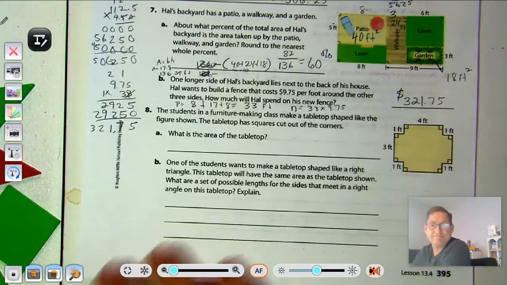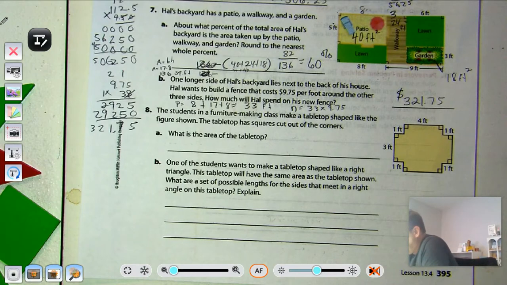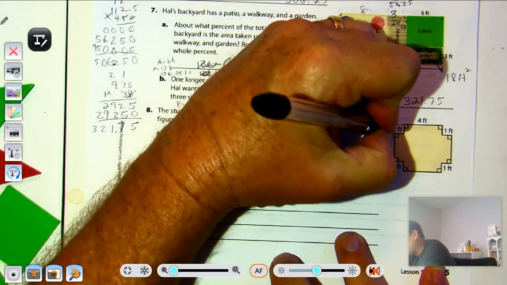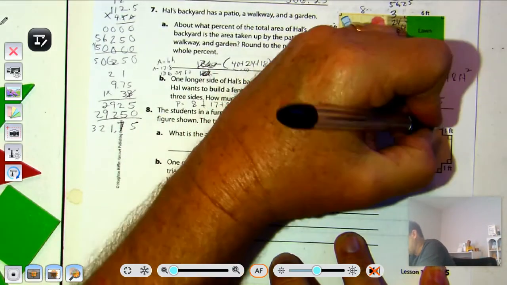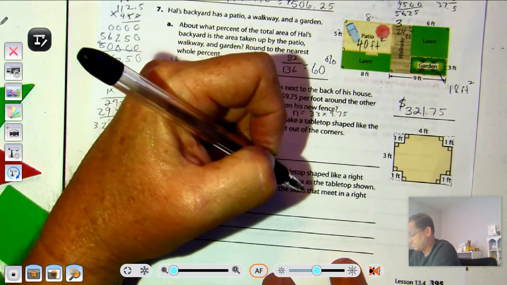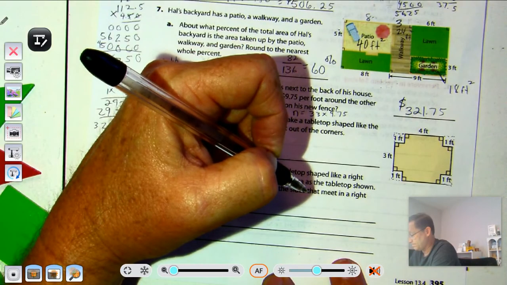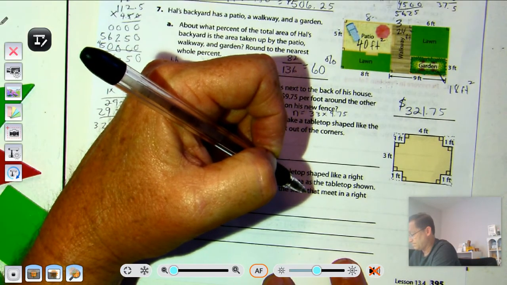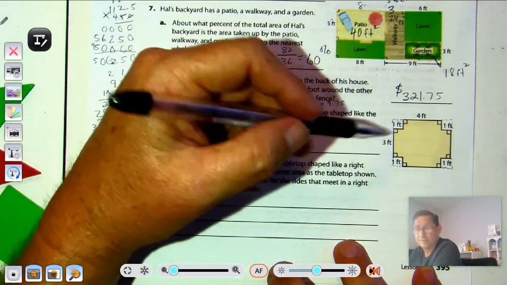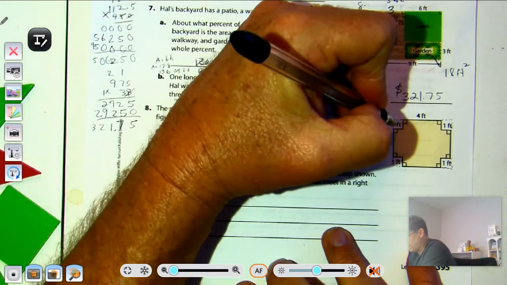All right, number 8. The students in a furniture making class make a tabletop shaped like the figure shown. The tabletop has squares cut out of the corners. What's the area of the tabletop? Well, I think this one would be easier just to treat it as a complete rectangle.